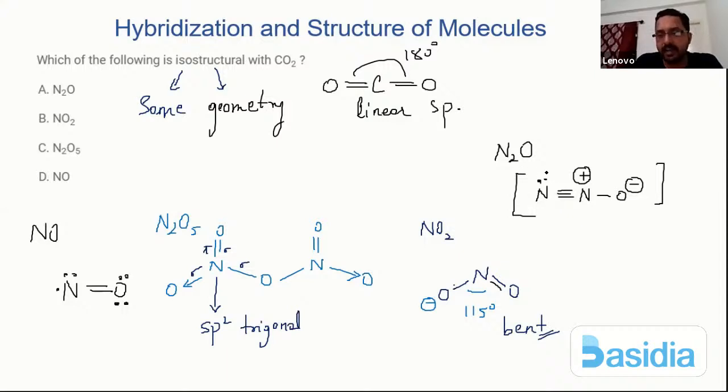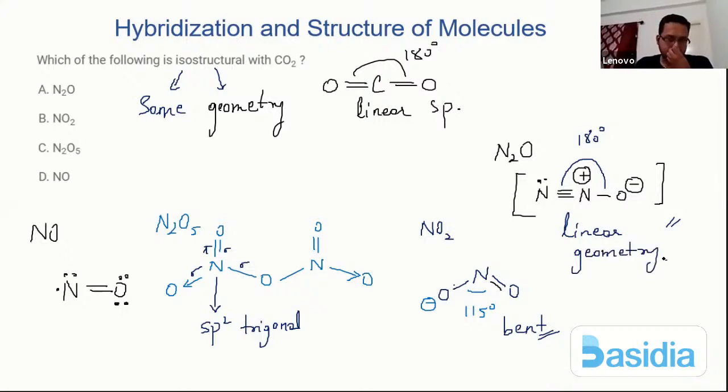But in case of N2O, you can clearly see that the bond angle is how much here? The bond angle is 180 degree. Hence, it is giving me a linear geometry molecule. So bond angle 180 degree, a linear geometry molecule. Hence, this guy has to be isostructural with CO2.